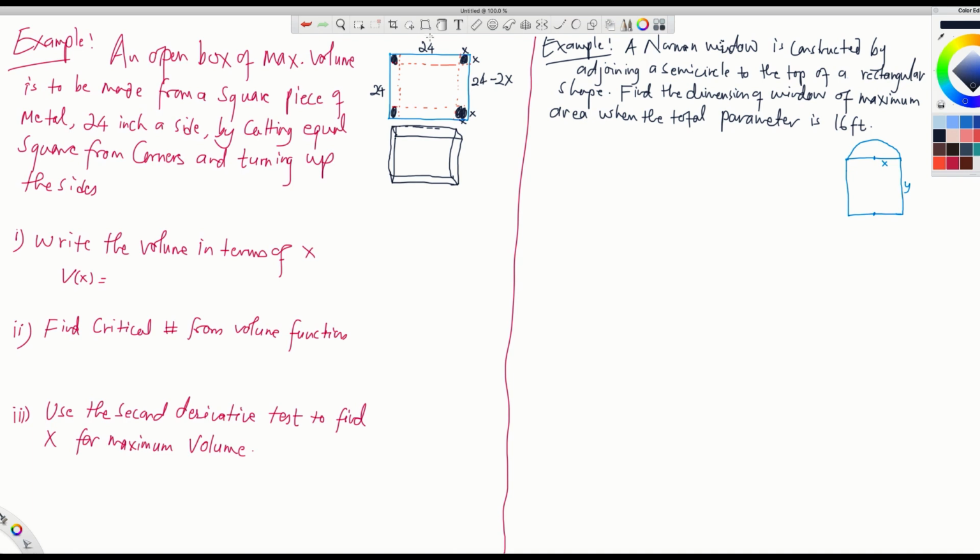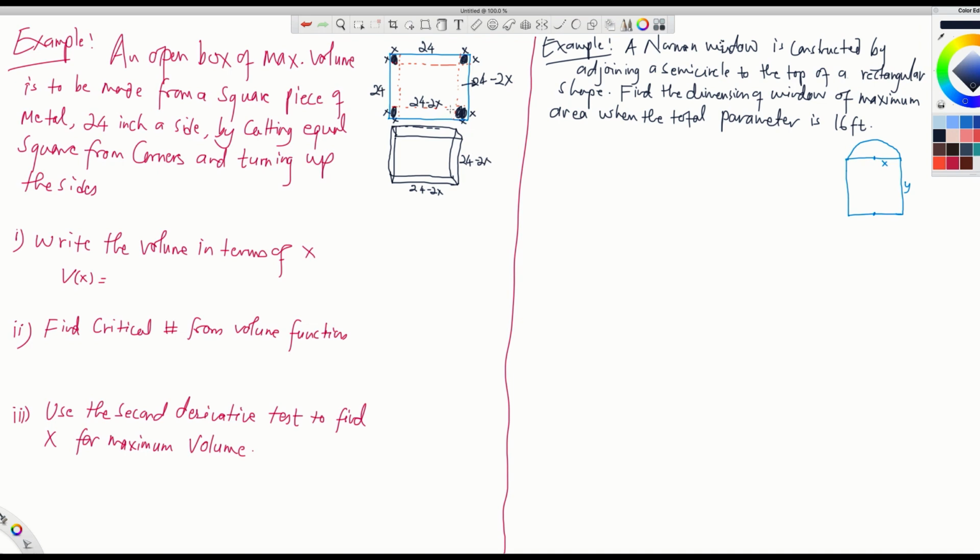This is 24 minus 2X because all the X units are removed from there. That side is also 24 minus 2X, and this side is also 24 minus 2X.